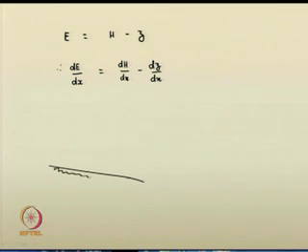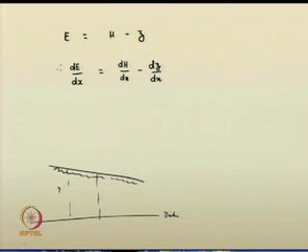So, if you have the channel bed like this, this is your datum line. If you proceed in the x direction, this is Z1, this is Z2, the datum head at 2 locations.